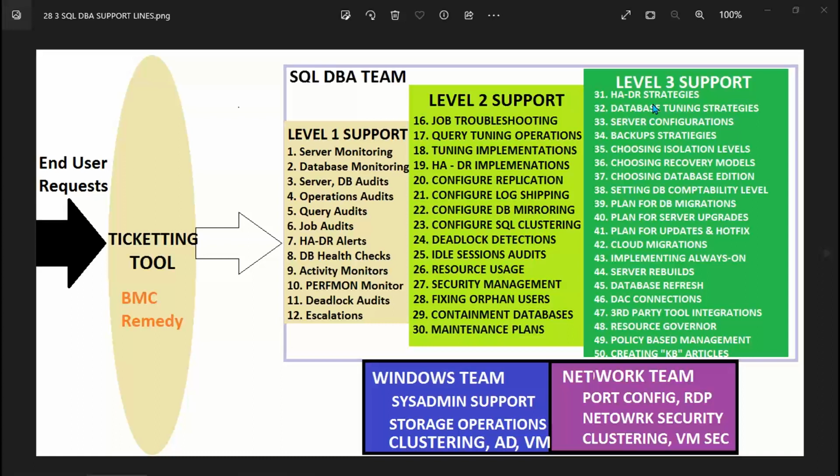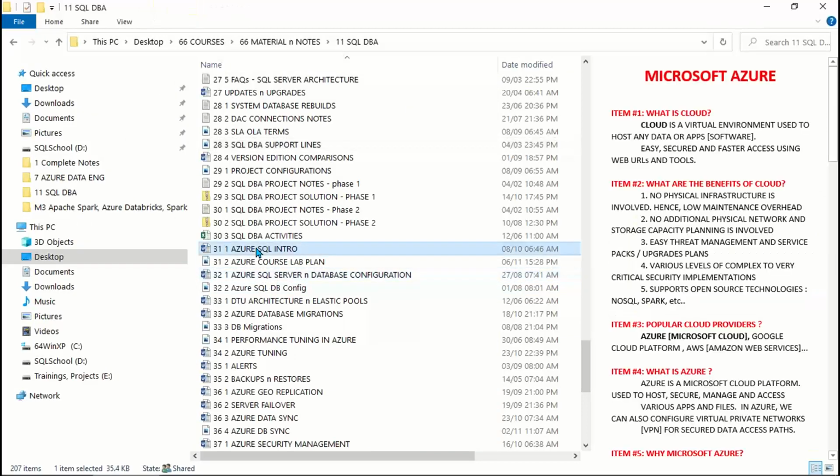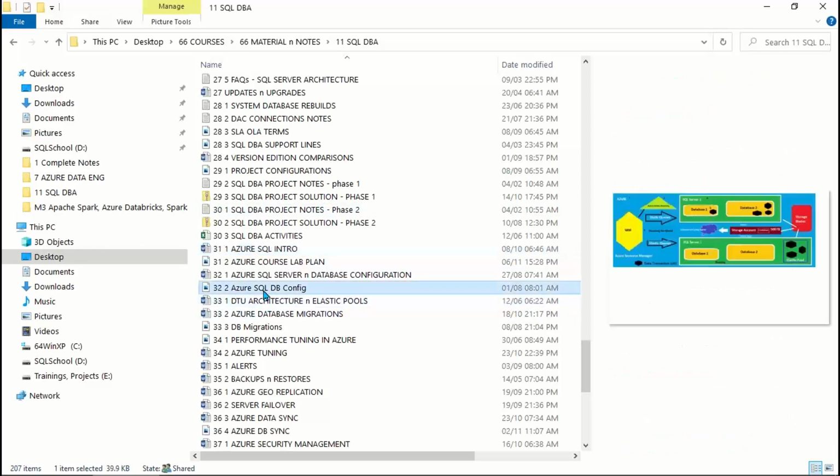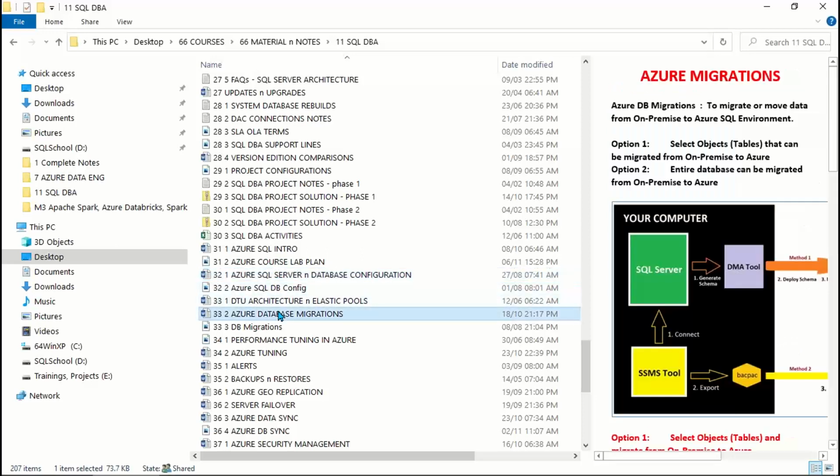We need to learn it carefully. We need to also learn the concepts pertaining to something called migrations, cloud migrations, Azure activities. What is cloud? From there, we need to go for cloud deployments in SQL Server, migrations, migration issues, migration testing.